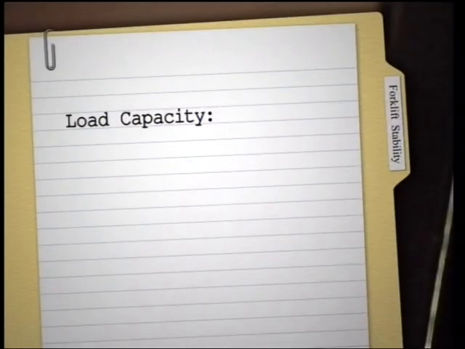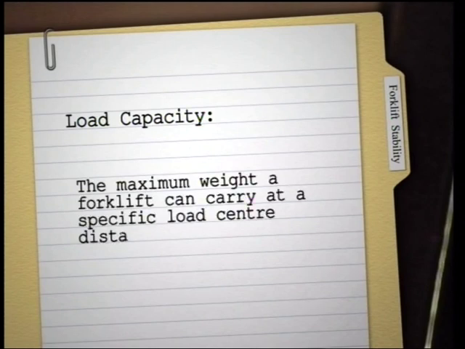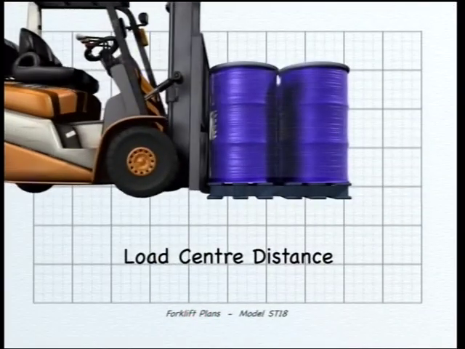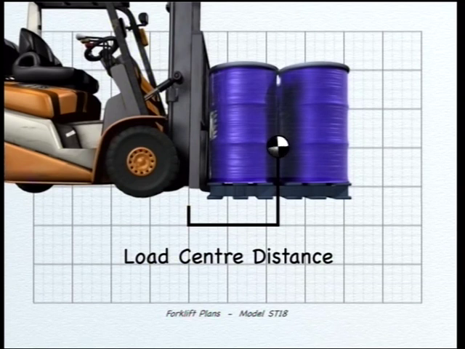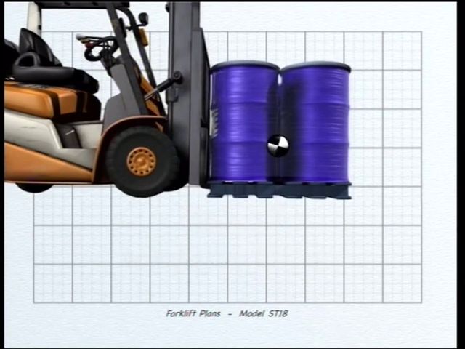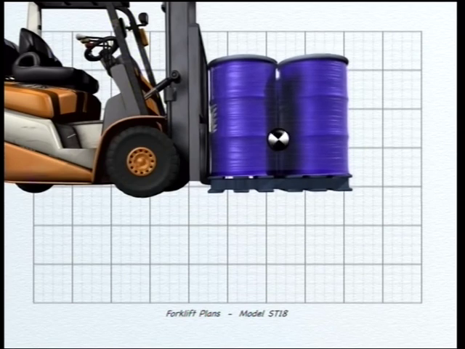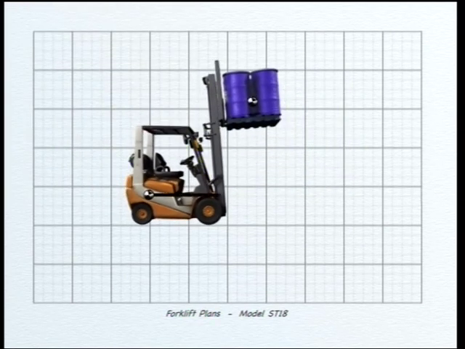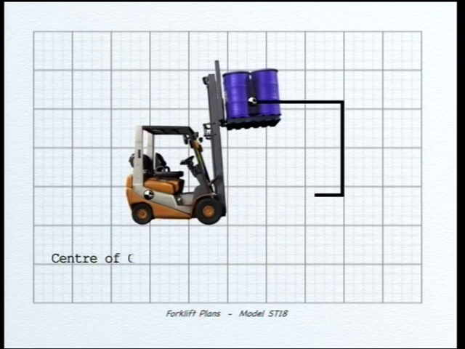The load capacity of a forklift is the maximum weight it can lift at a specific load center distance. The load center distance is the distance from the heel of the fork to the center of gravity of the load. The load center distance of a load changes the center of gravity of the forklift, which varies according to the load and mast lift height.